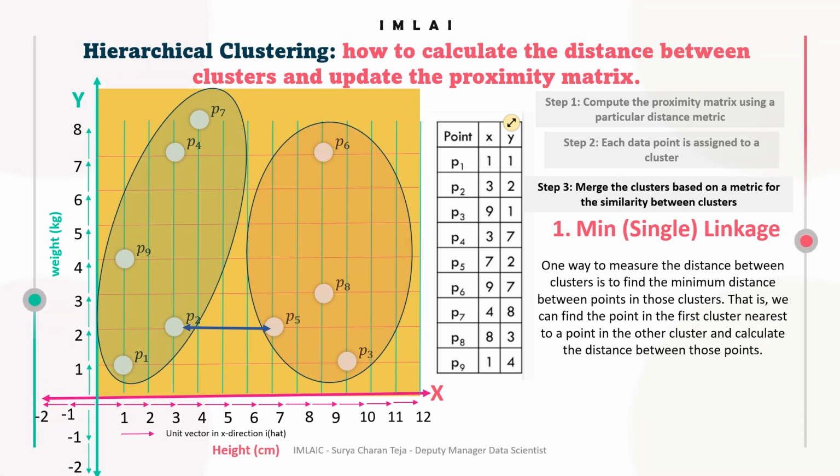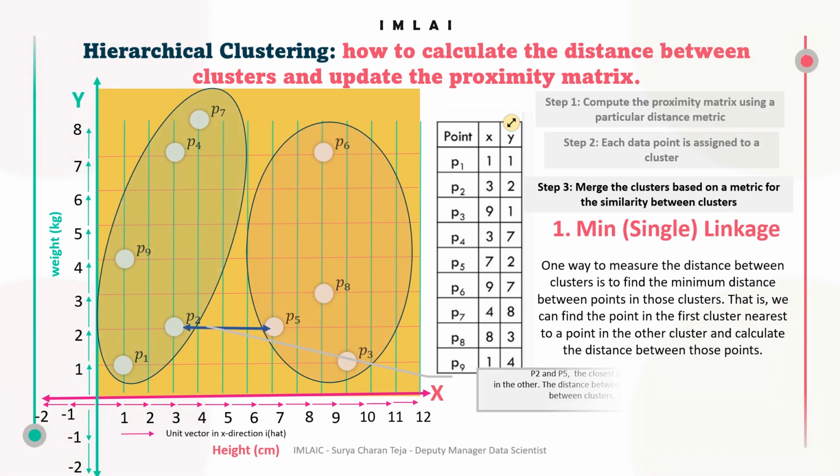We can find the point in the first cluster nearest to a point in the other cluster and calculate the distance between those points. So basically you have to find a single linkage, a minimum single linkage. Obviously you have to find the points of the clusters where the distance is minimum.